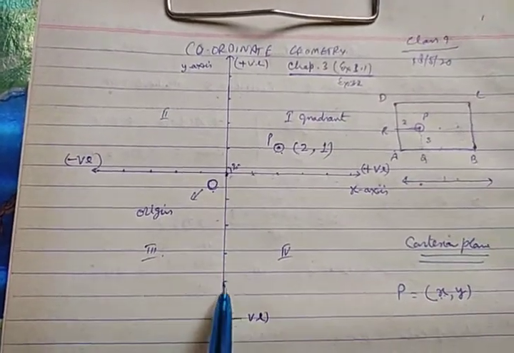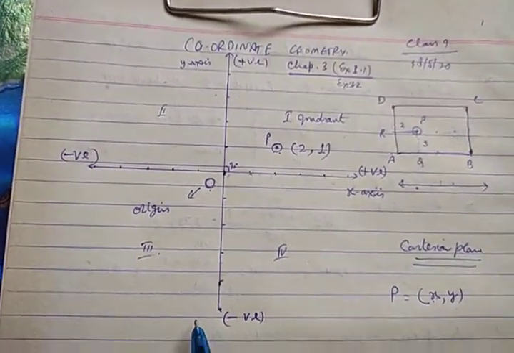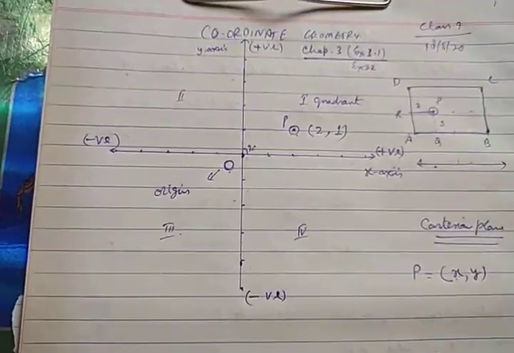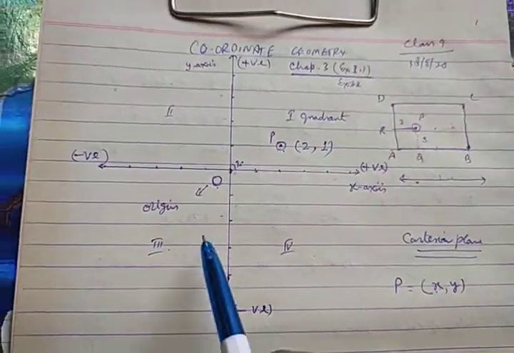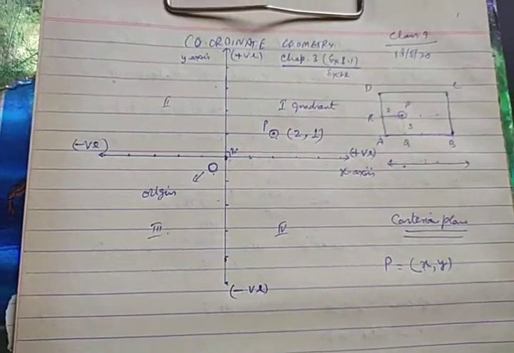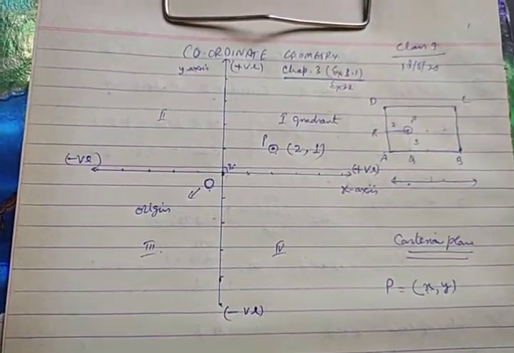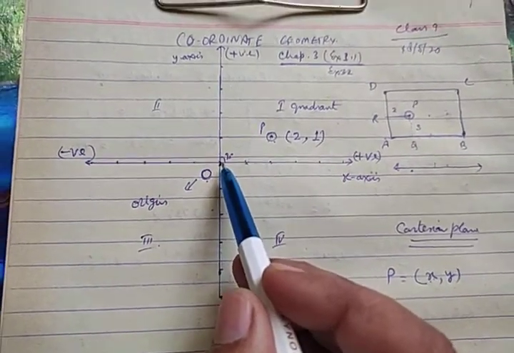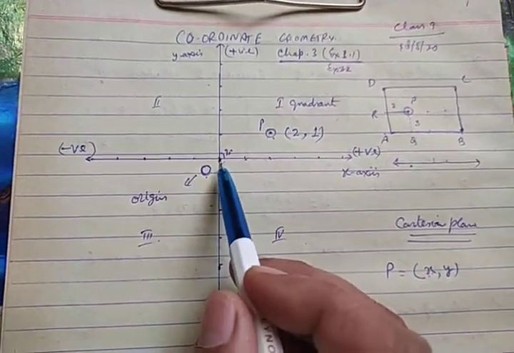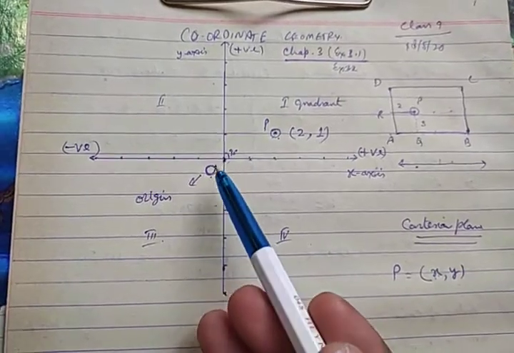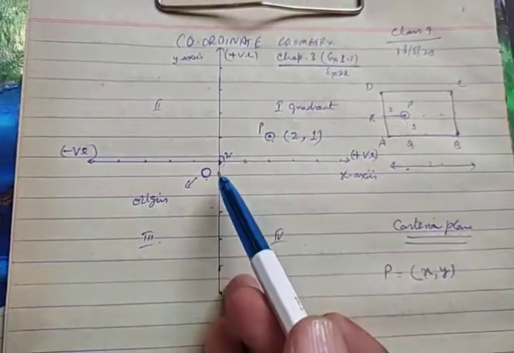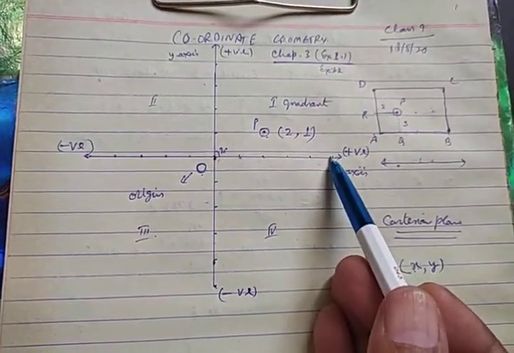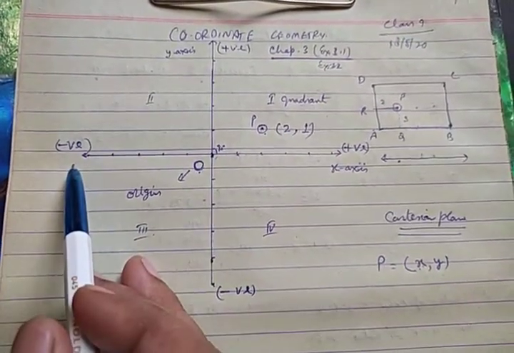This is the integer concept from previous classes, the concept of negative and positive integers. Distance above sea level is measured positive, below sea level measured negative. In the same manner, taking this reference point, you start your measurement from the point O. From O, when you measure upside, it is positive, measure downside, it is negative. It is positive towards right, towards left, it is negative.